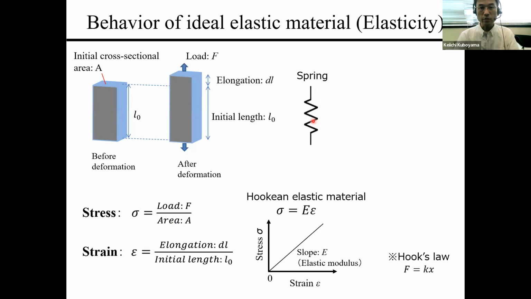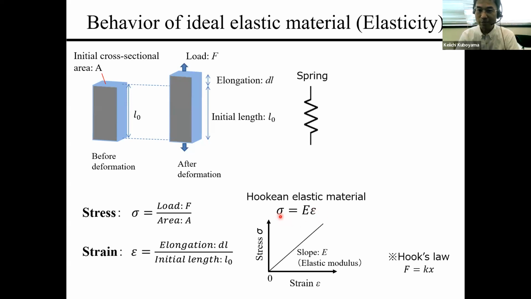And in this case, if you think about the ideal elastic material, that can be represented as a spring. So spring, maybe you know the behavior of the spring. So when you draw the stress-strain curve, this becomes like this. So stress is linearly proportional to strain, and the slope is the elastic modulus, and the equation becomes like this: stress equals elastic modulus times strain.